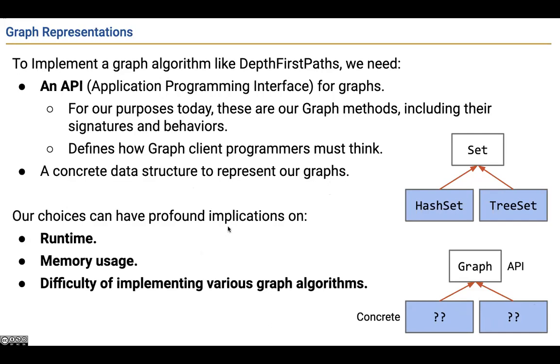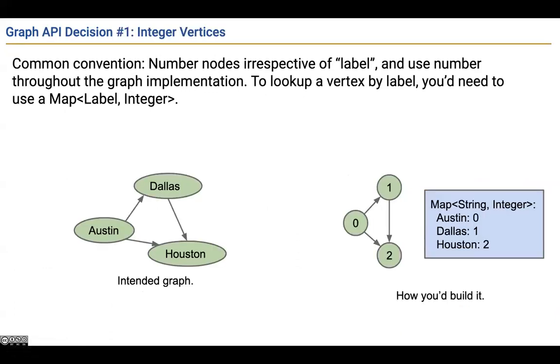And the key idea, if you don't get anything else today, is that your decisions for what methods you give to the user and how you implement the graph have huge implications on how fast the graph runs, so runtime, how much space the graph takes up, and how easy it is to write and use the graph in code. So we're going to make these decisions, and depending on if we make good decisions or bad decisions, we can have huge impacts on how fast the code runs and how easy it is to write code. So hopefully, we make some good decisions.